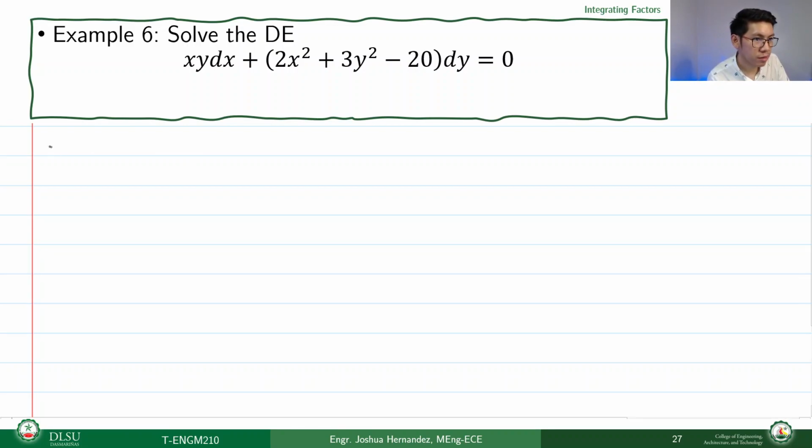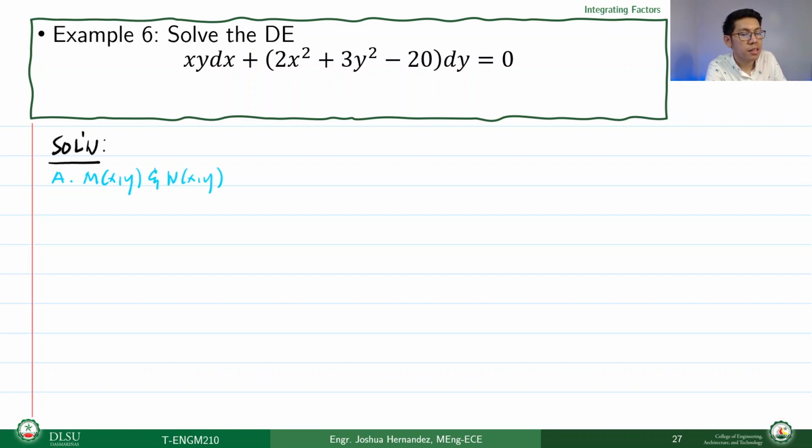Solution. We have, first, of course, identify yung M(x,y) natin and N(x,y). Yan.